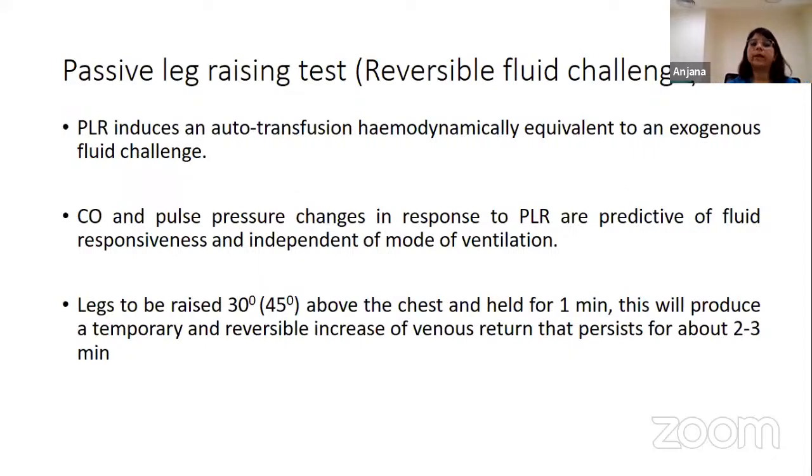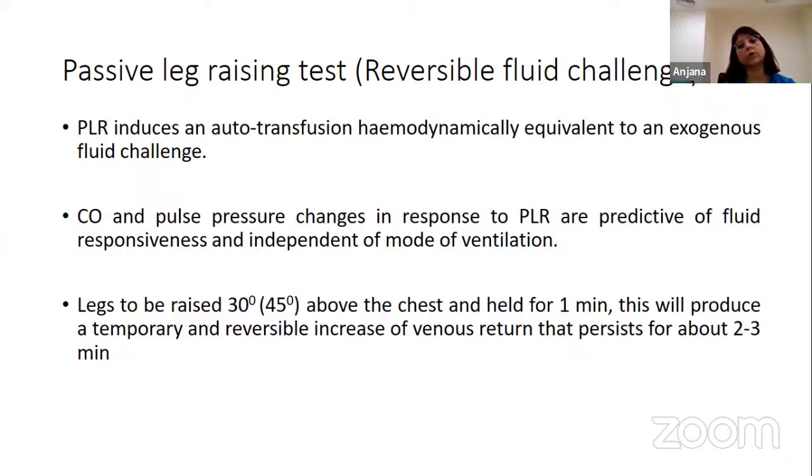Now, passive leg raising is a reversible fluid challenge where you are doing an auto transfusion. That is equivalent to a fluid challenge which you give IV. I'll tell you how to do it. The cardiac output and pulse pressure changes we see in response to PLR are predictive of fluid responsiveness, and they are not dependent on any mode of ventilation.